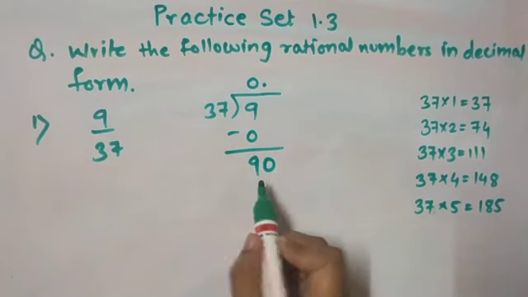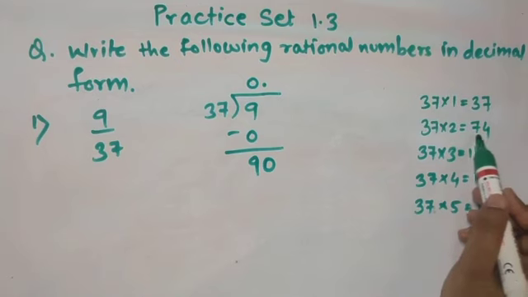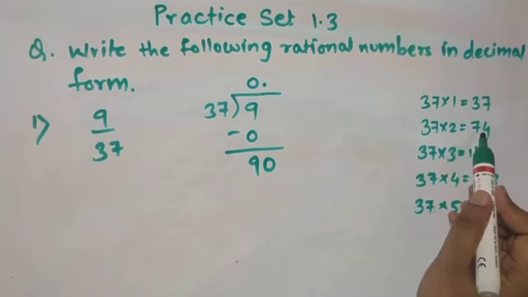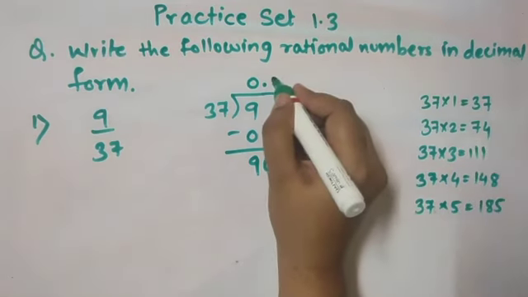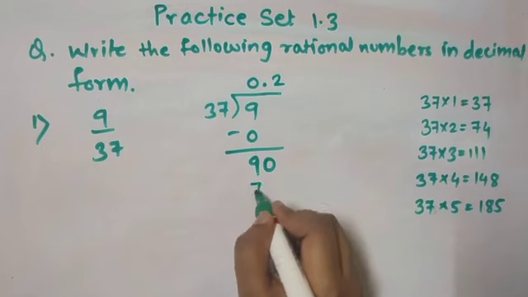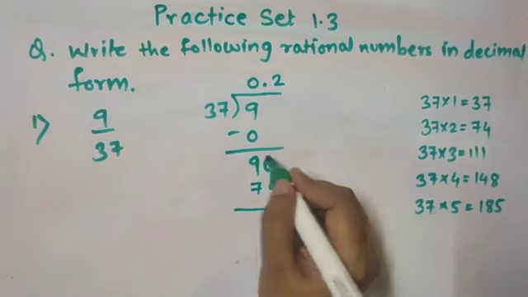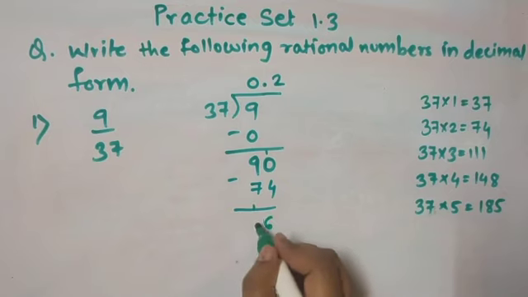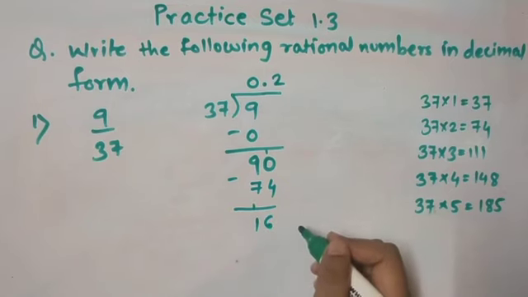37 and here 90. 37 2 times is equal to 74. 16 is remaining.